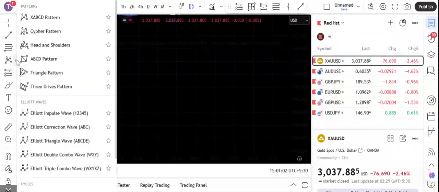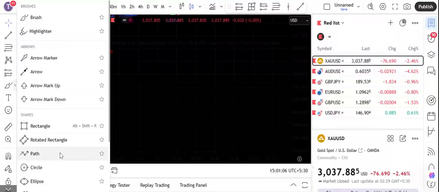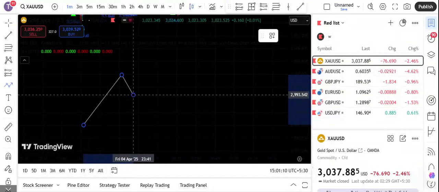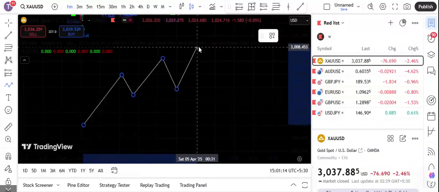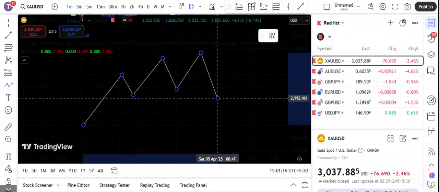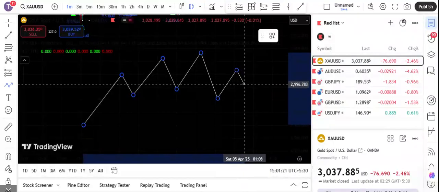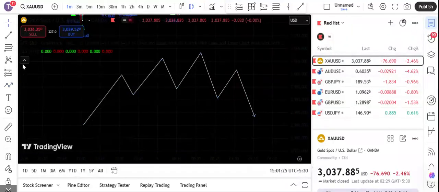Now basically let us move on to the strategy. Mainly we move like this.